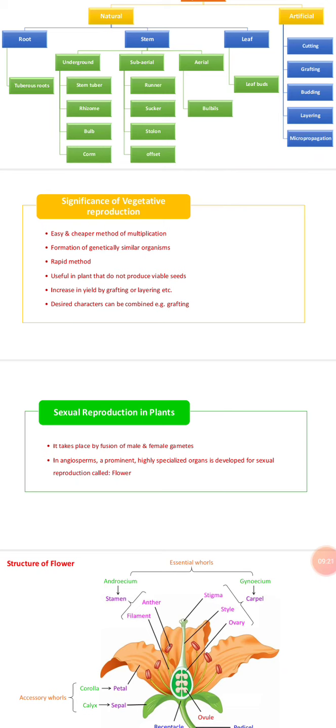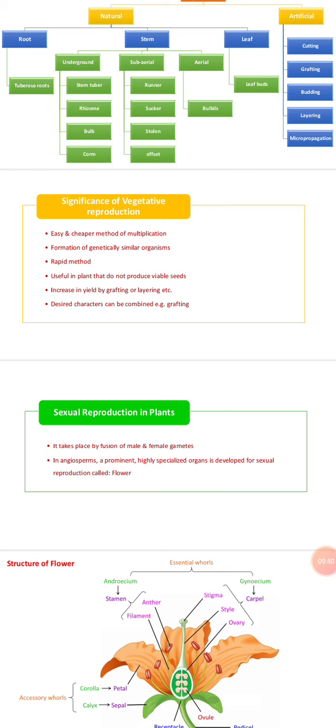Then the next is the bulb, then the corm. For bulb we can give the example of onions. So these are the underground modifications of the stem, and all four types of underground stem have the same purpose: they store the extra food material prepared by the plant.